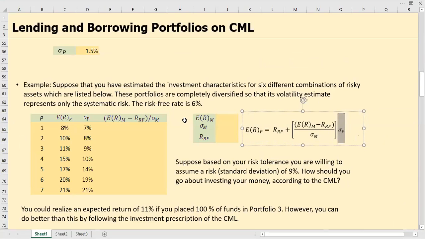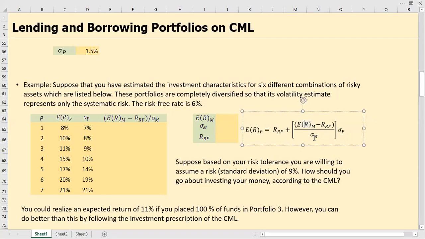The risk-free rate is already given here, it is 6%, and the standard deviation of the portfolio is also given here. Look at this, it is given 7%, 8%, right? So I am going to calculate this middle part, the slope. So how do you calculate that? You get the expected return of the market portfolio minus the risk-free rate divided by the standard deviation of the market portfolio.